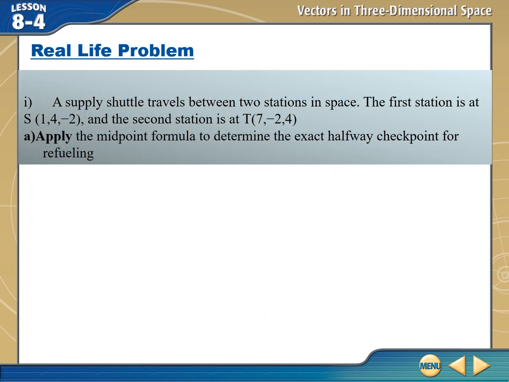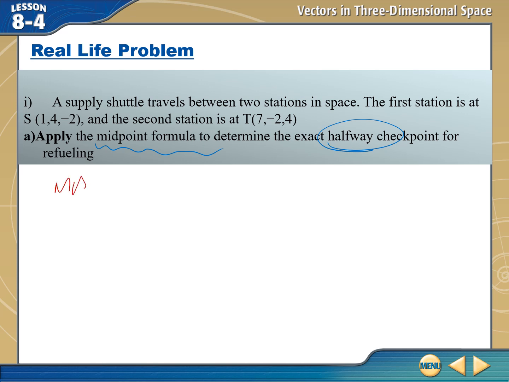Next question. A supply shuttle travels between two stations in space. The first station is at 1, 4 and -2 coordinates and the second station is at 7, -2 and 4 coordinates. Apply the midpoint formula to determine the halfway. So of course when they are asking us to find out the halfway checkpoint for the refueling, we have to find out the midpoint.